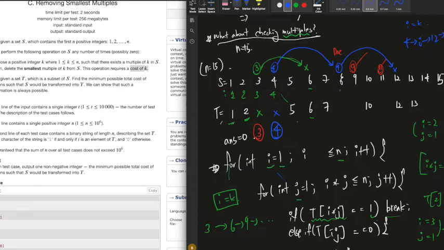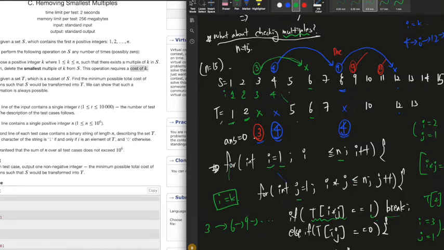And what about 8? We don't have 8 here too, so we can erase 8 with a cost of 4. Then what about 12? Yes, we have 12, so it breaks here. So currently we have 3, 4, 4 as the cost of k.